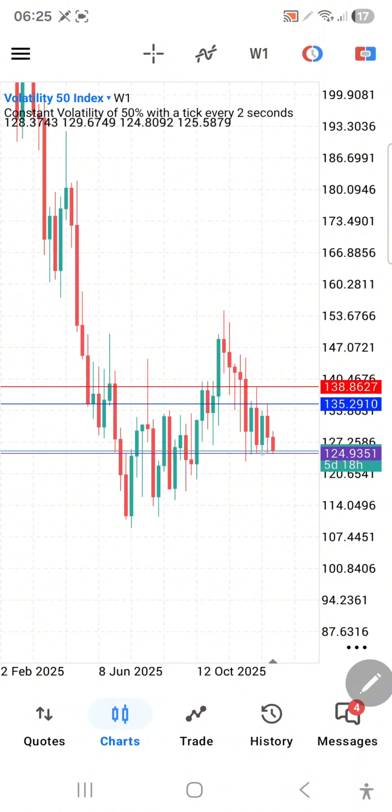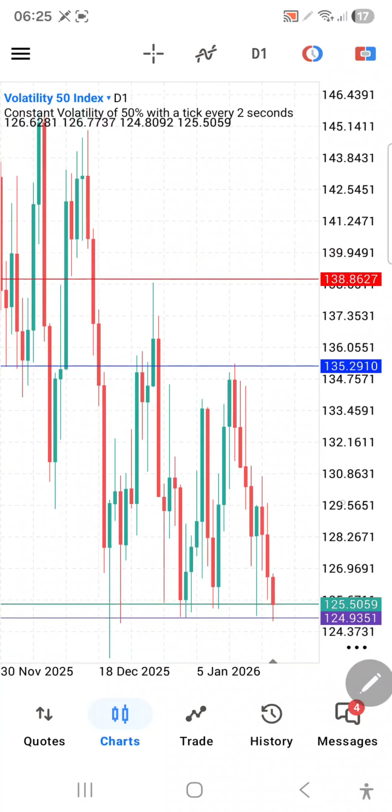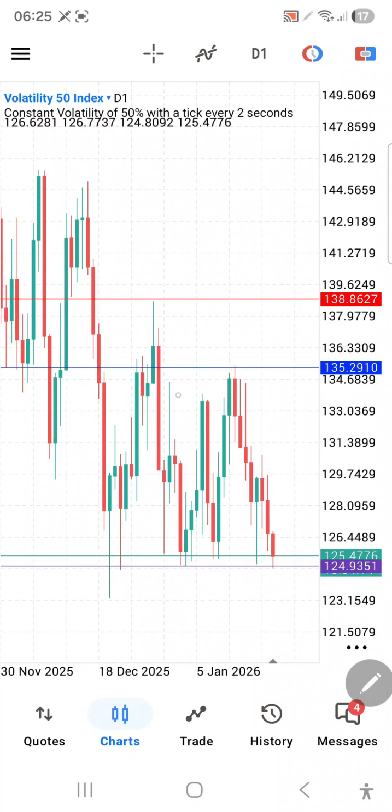Price started selling, and that was how I capitalized on this setup on the daily time frame to make money off the market, and also shared it with my students.